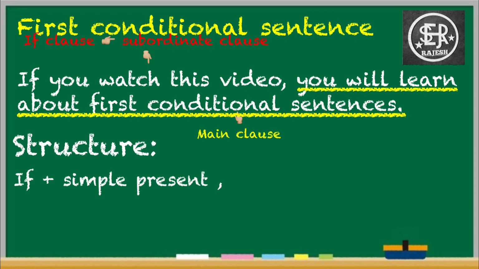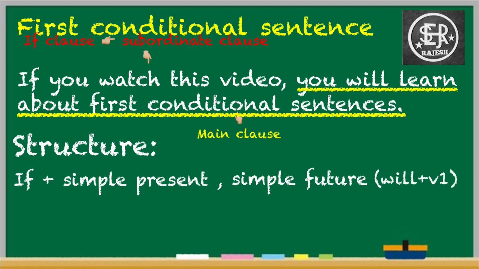Now the result should be told in simple future. If you say simple future, you can say will, then use the first form of the verb. Also you can say the result with going to, and we can also say it with modals. Going to and modals are used very rarely. Will is the most commonly used.